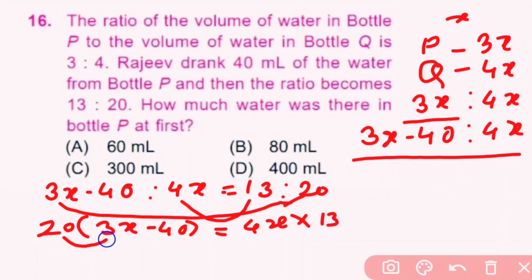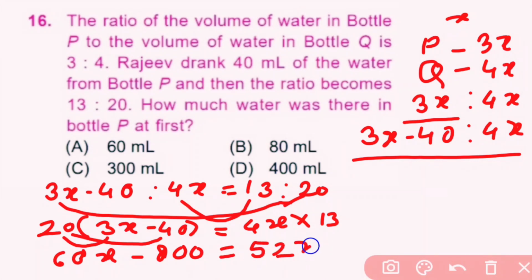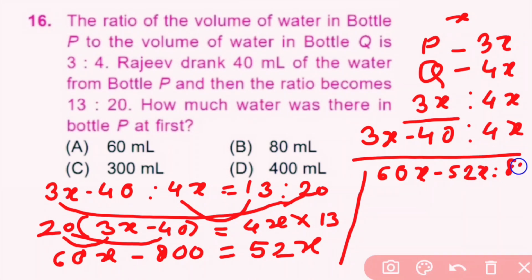So here 20 into 3x is 60x, minus 20 into 40 is 800, is equal to 4x into 13, which is 52x. Now 52x will come to this side and 800 will go to the other side. Then 60x minus 52x is equal to 800.